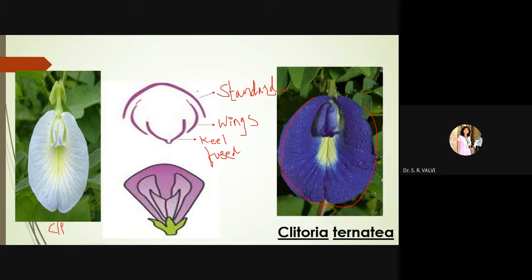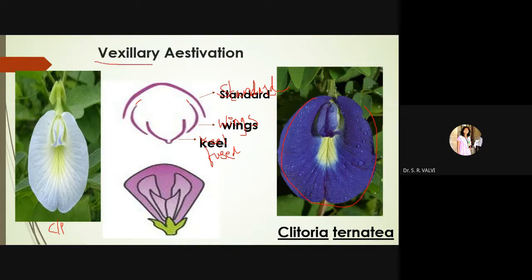Here a somewhat different kind of estivation is there. This kind of estivation is called the vexillary estivation. Please do remember, vexillary estivation is always found in this Clitoria flower, right?